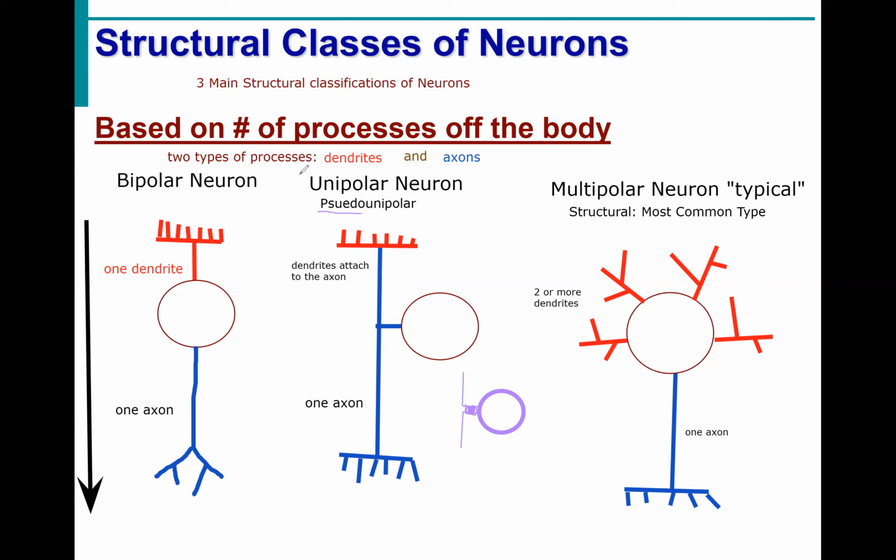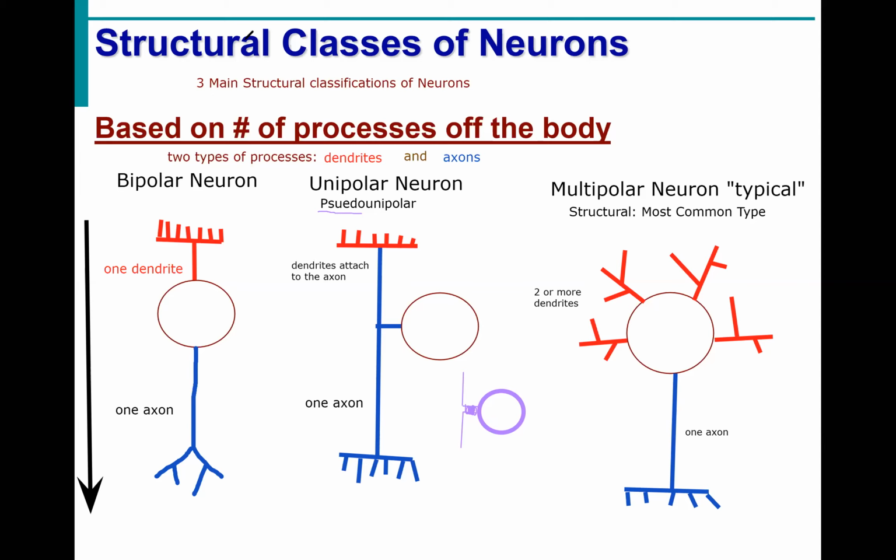But I would strongly encourage you to just use the term unipolar, because unipolar is the correct term. It's a developmental thing that we don't care about, but that is where the name comes from. All of our unipolar neurons started with two small branches that fused together into one. So that's why they call it pseudo unipolar. Those are our structural classifications.